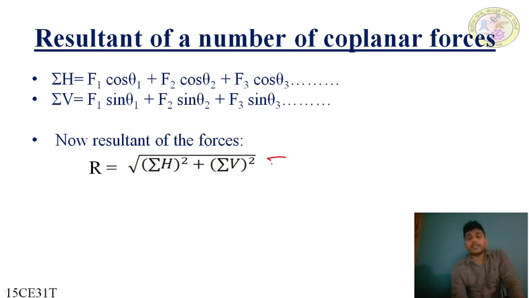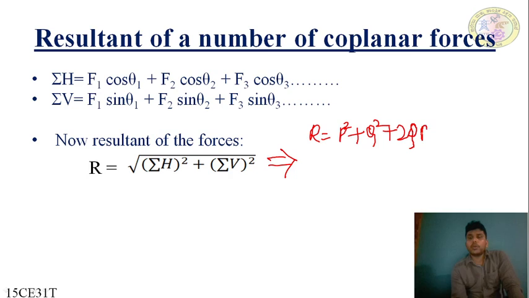How do we get the formula? We can consider the triangular law of forces, or even the parallelogram law of forces, where R equals square root of P square plus Q square plus 2PQ cos theta.